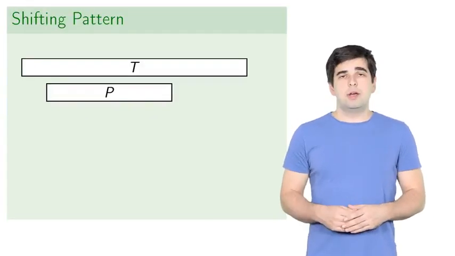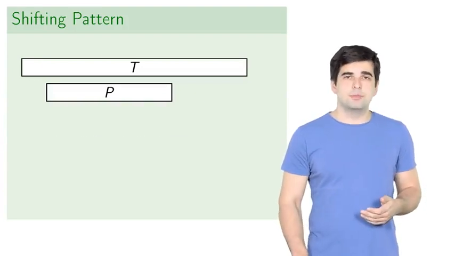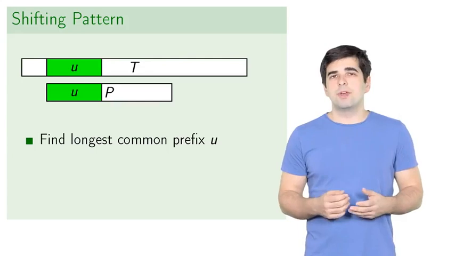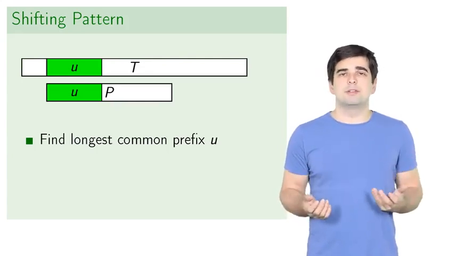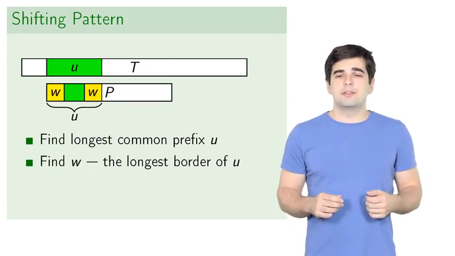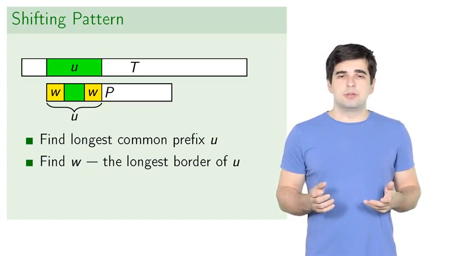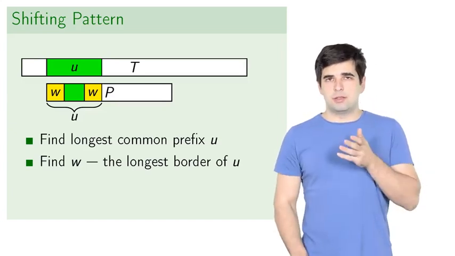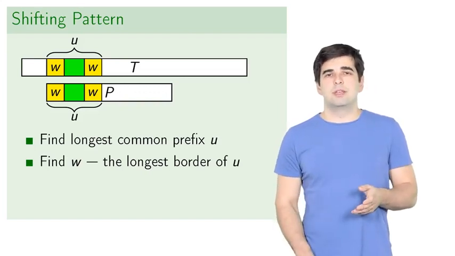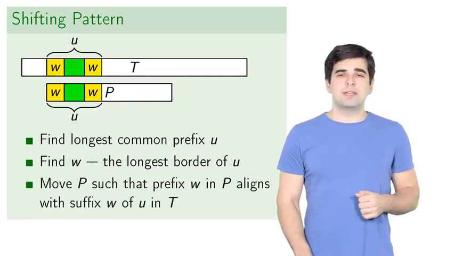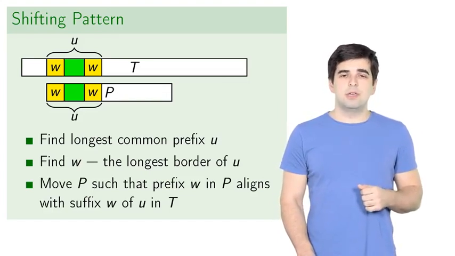If we knew that the prefix of the pattern of length 2 is not equal to the suffix of the pattern of length 2, then we could skip also positioning the pattern against the second position in the text. And then when we slide one position to the right again, we compare this prefix of length 1, which is letter A, with the suffix of length 1, which is also letter A, and these are equal. So this position we cannot skip according to this rule.